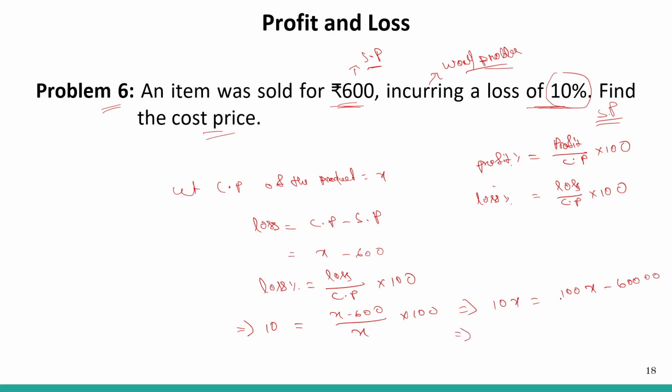So this implies that 90x, that is 100x minus 10x, is equal to 60,000. So this implies that x is equal to 6,000 by 9, right? So this is 2,000 by 3. So the cost price will be 2,000 by 3.